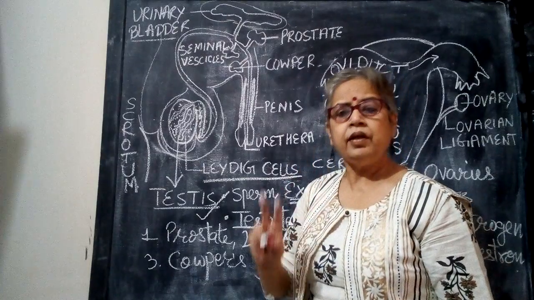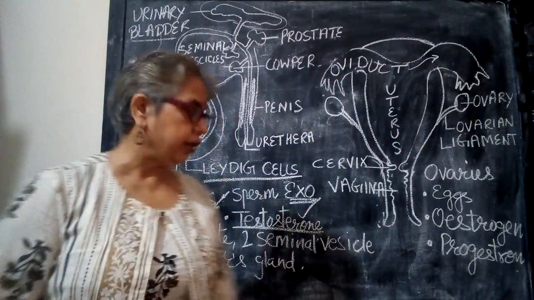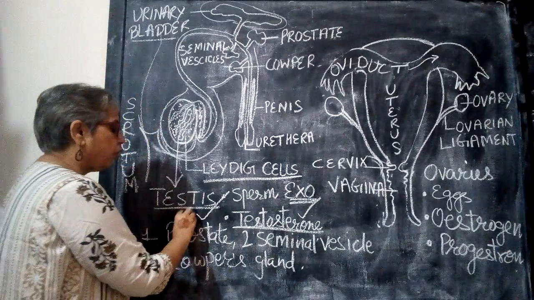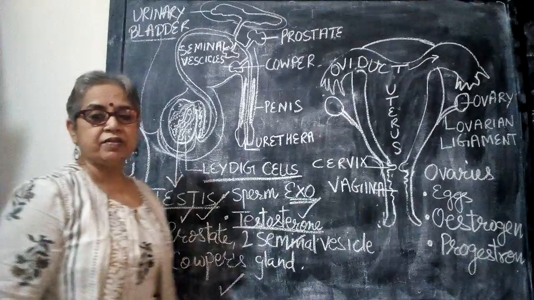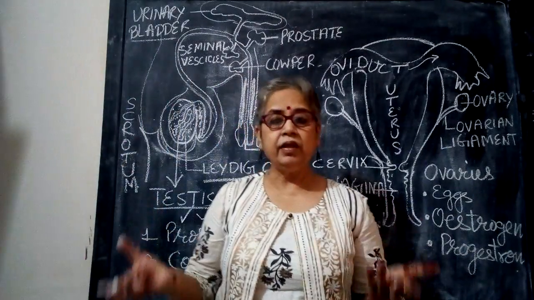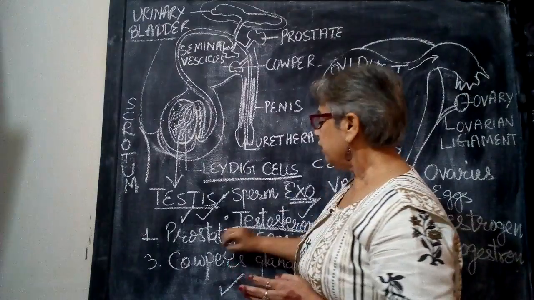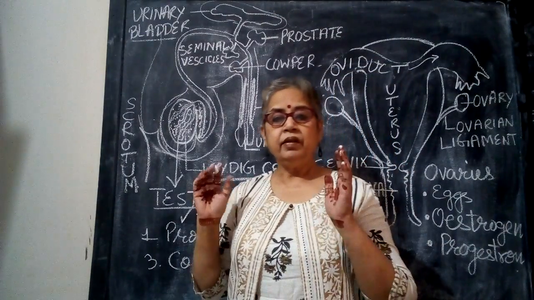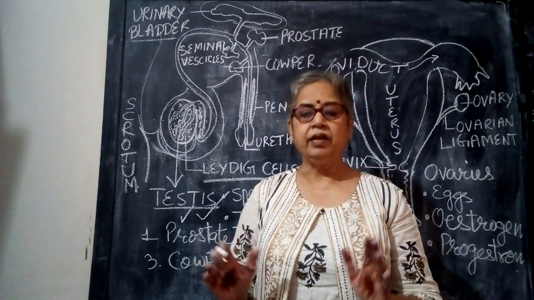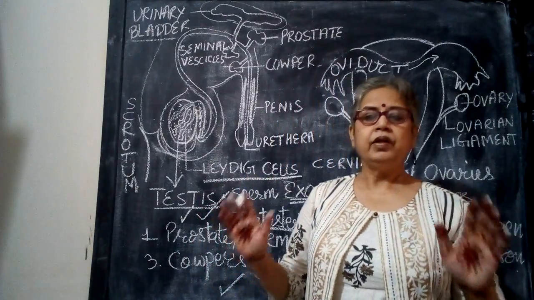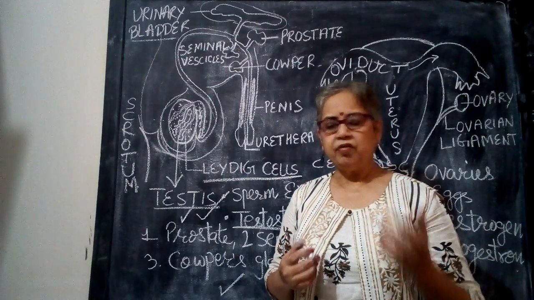Then there are 3 glands which are associated with male reproductive system. Number 1 prostate, number 2 seminal vesicles, and number 3 Cowper's gland. Now why? What is their need? The need is this, that the prostate gland makes the medium alkaline. In the vagina, the medium is acidic, the sperms can't survive, so the secretion of prostate helps in the survival.